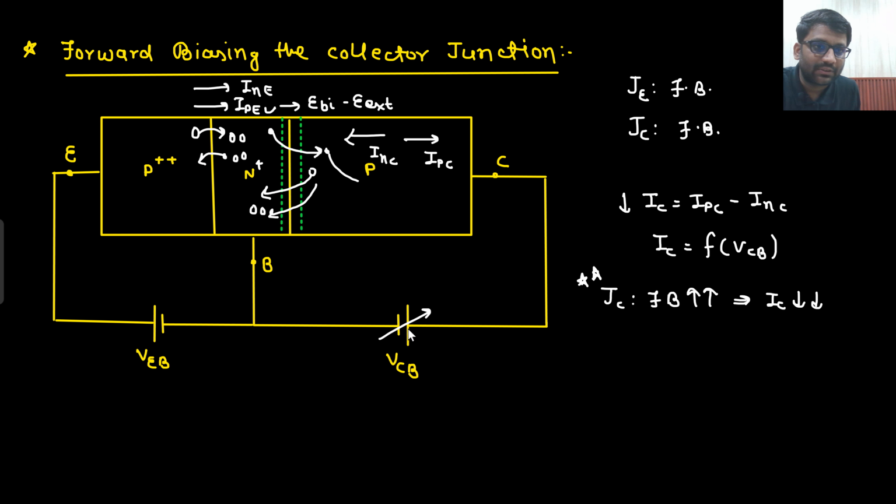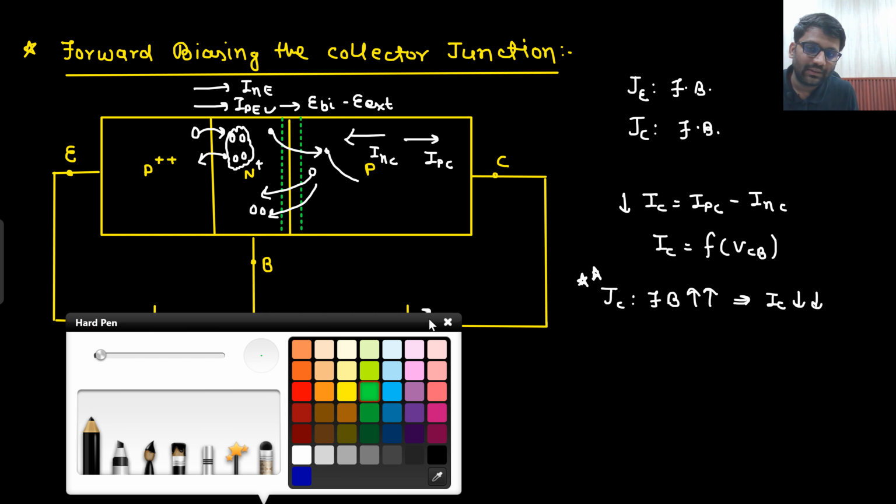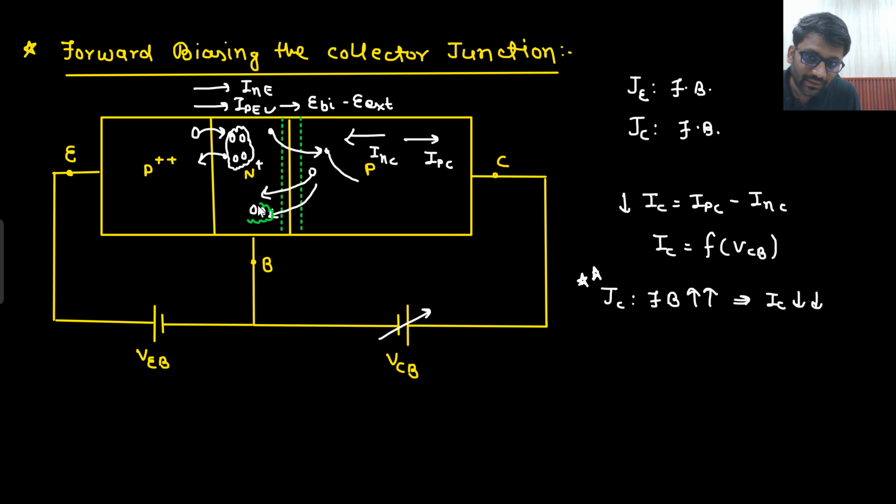When it was reverse biased or when there was zero bias, then no holes were coming. But now, because of the forward bias, holes are coming from the collector to the base. Previously, what was the scenario? Only these holes were there. So this was the previous scenario. But now these holes have also come into action.